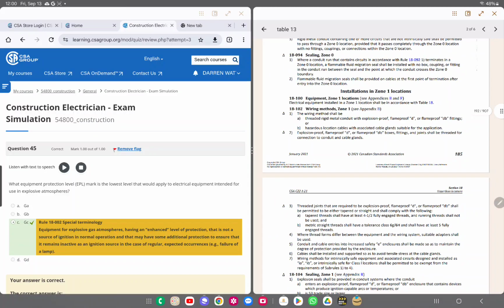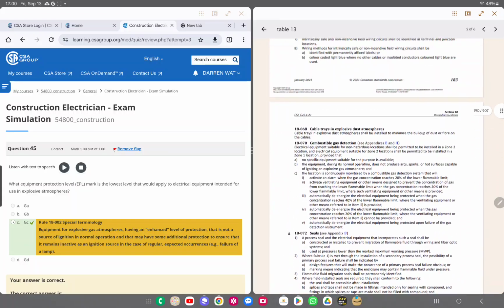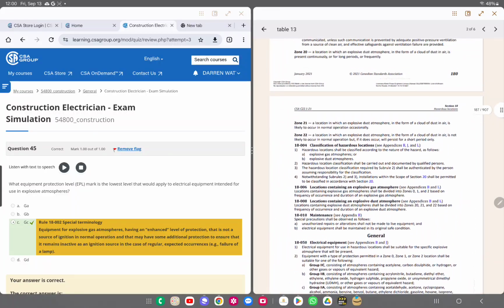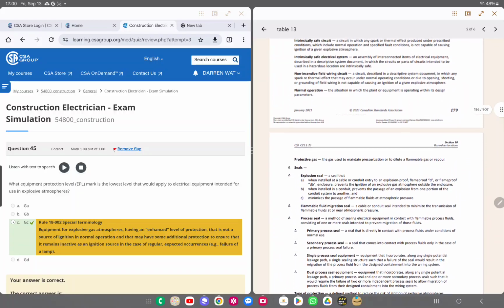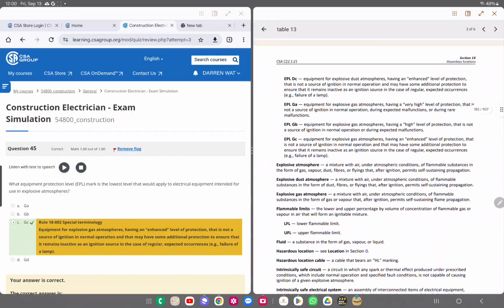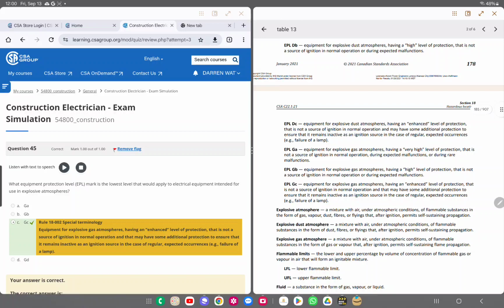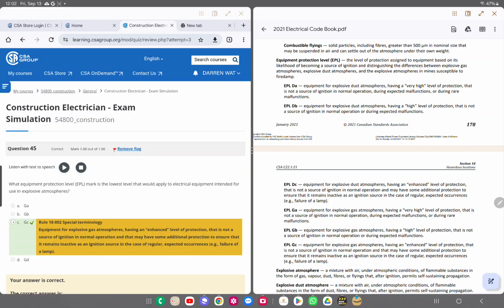I've seen these at the beginning of 18. There were some terminologies or definitions here. So GA, GB, GC, and they're asking about the EPL mark.